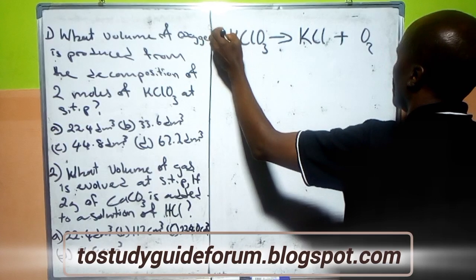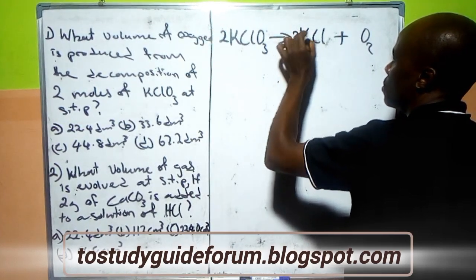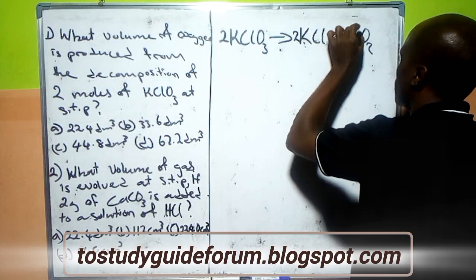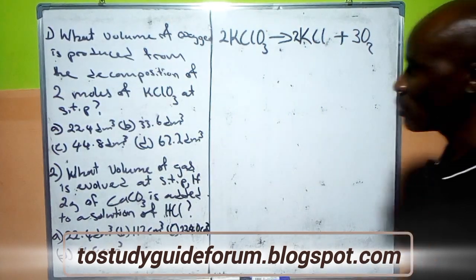So what we have here will be 2, 2, and then this one will be 3. Now it's balanced. They say 2 moles.